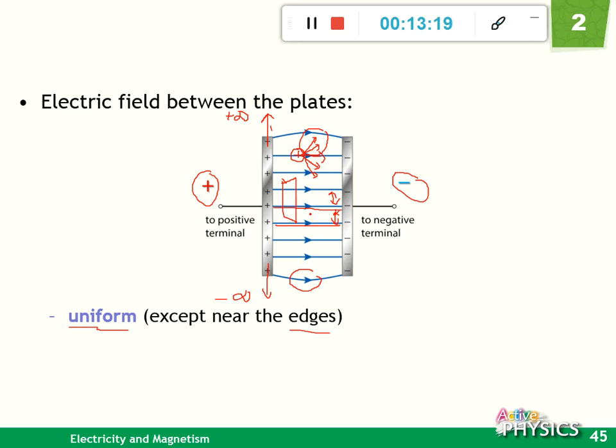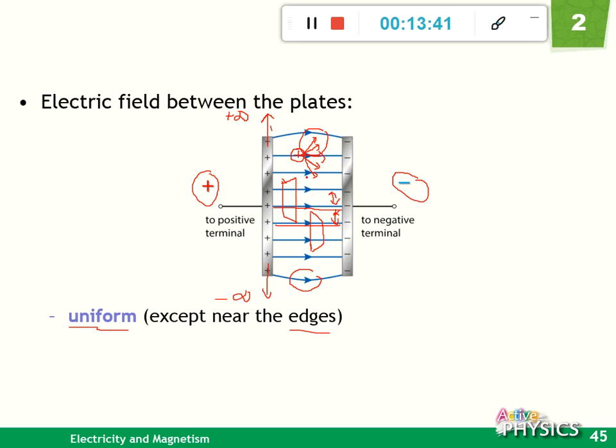If I use the same unit area at the other position, we have the same result. Two field lines pass through it. Then we can conclude that at different positions, they will have the same number of field lines passing through.